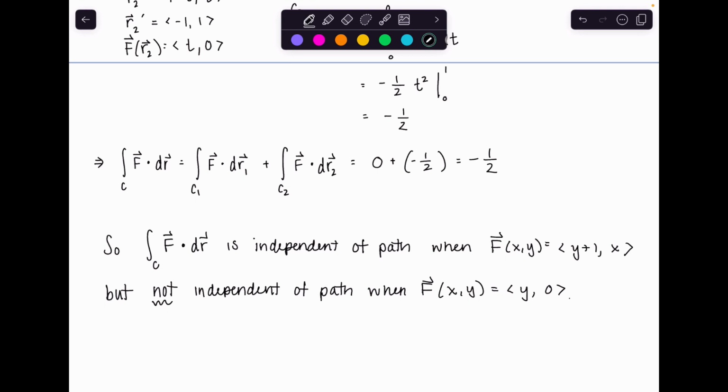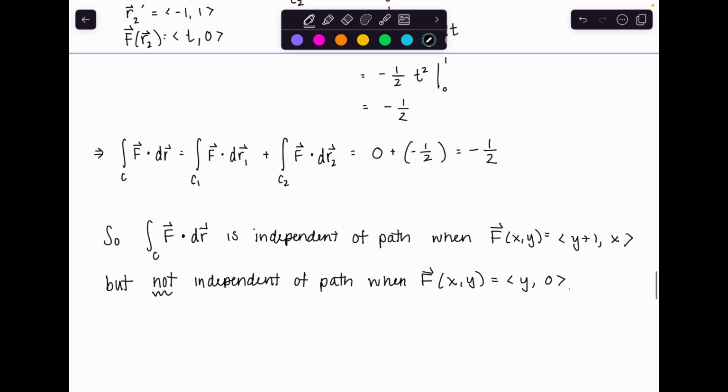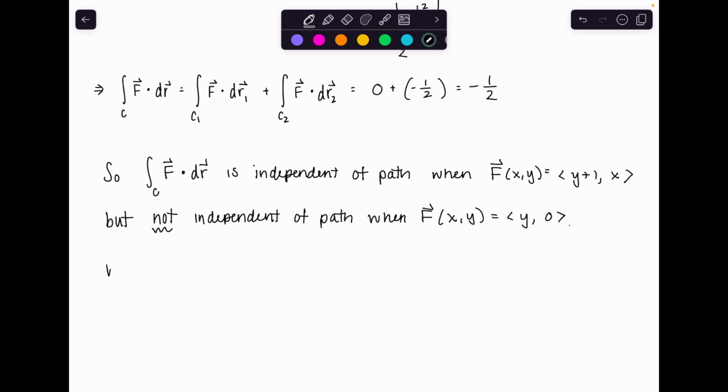So the path did not matter for the first example, but it did matter in the second. So we want to figure out what is so special about that first vector field.